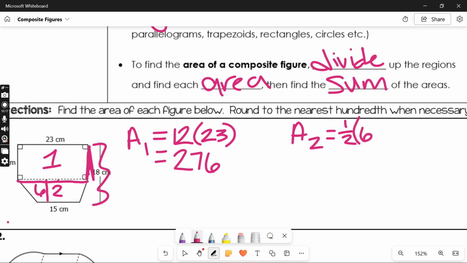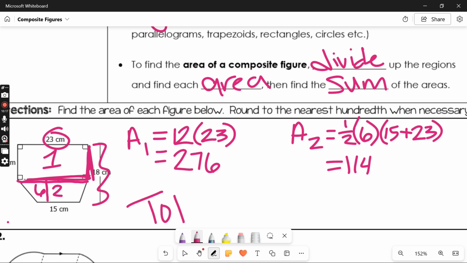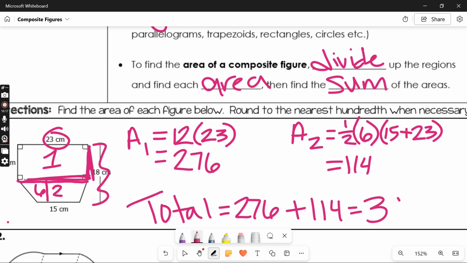So 1/2 times our height, which is 6, and then our bases, we have 15 plus, and then this base right here, which is marked as 23. And we can put that in our calculator all at one time, and we would get 114. So our total area is going to be 276 plus 114, which is 390.